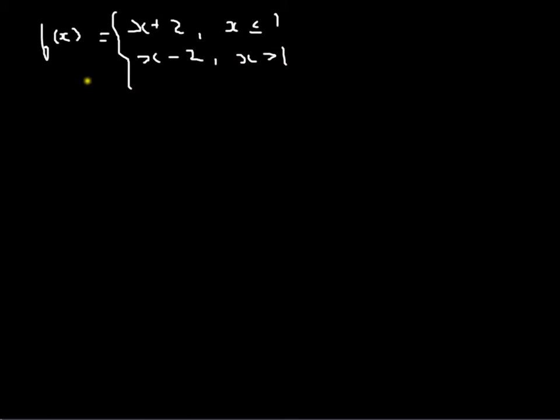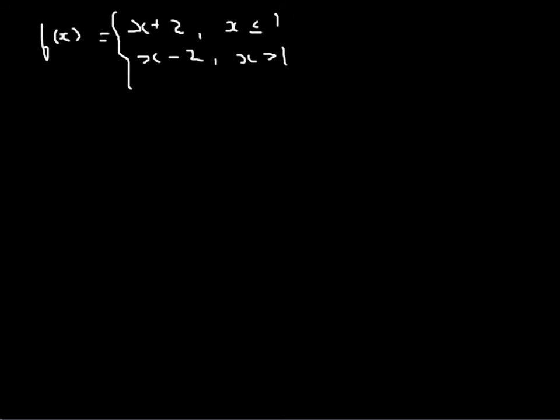We need to discuss the continuity of the function f defined by f of x is equal to x plus 2 if x is smaller or equal to 1, and x minus 2 if x is greater than 1. Okay, so this is the given function. Now we need to discuss the continuity of the given function.